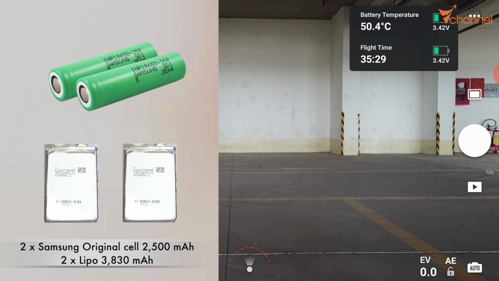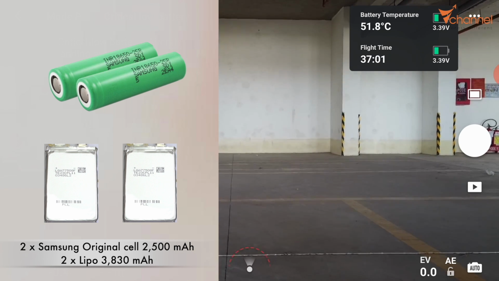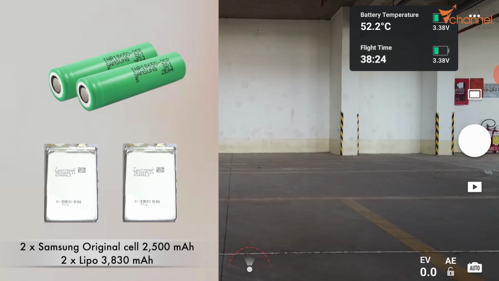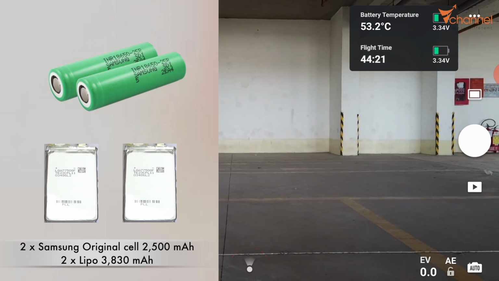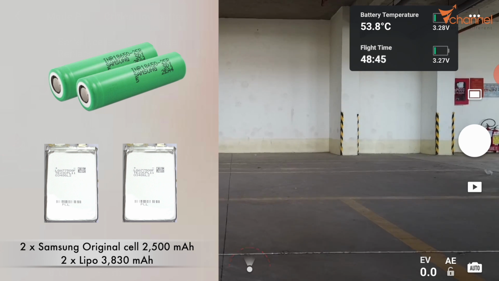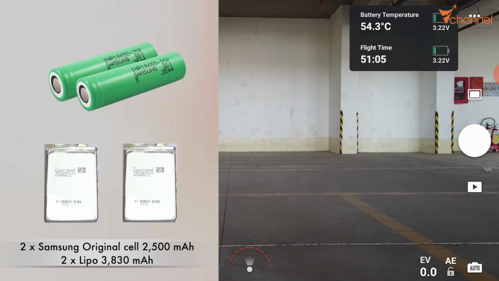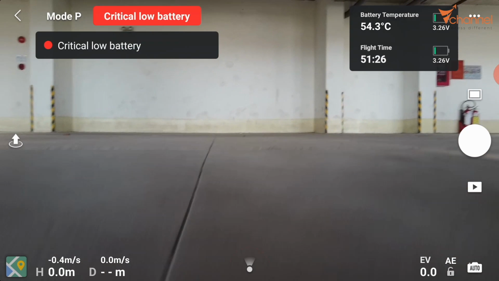With this information, it will break the record of the last 2 batteries. 37. Now it is 40 minutes. 45, still 3.33 volt. Now it is 15 minutes. So the lithium polymer is very effective. Very good result. And it lands at 51 minutes 26 seconds.